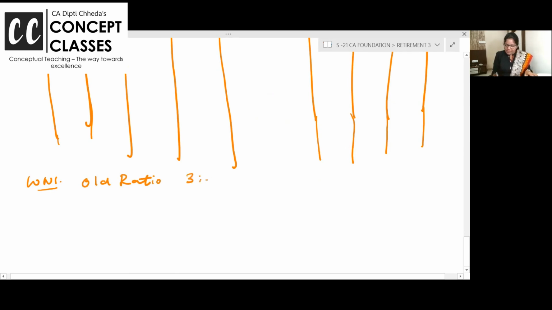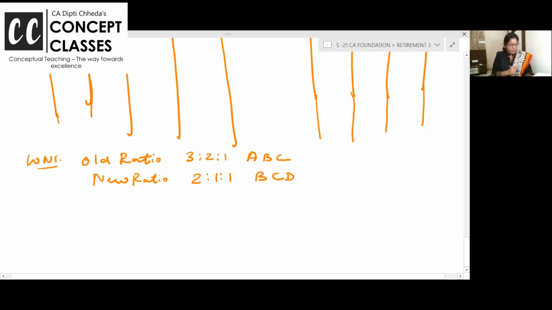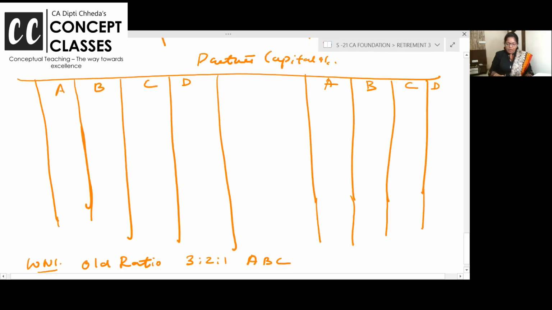Old ratio is 3:2:1 for A, B, and C. And new ratio is 2:1:1 for B, C, and D. Shall we go together? Right. Read the problem, all of you.